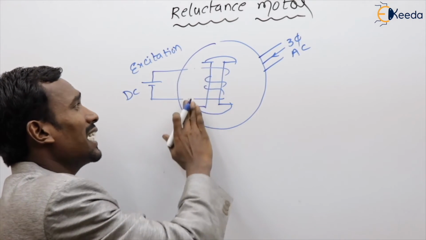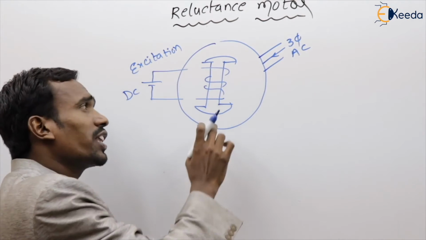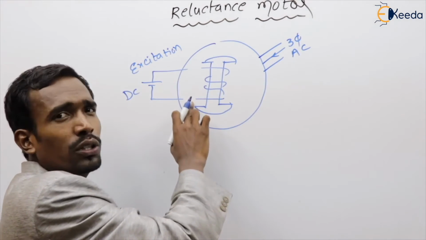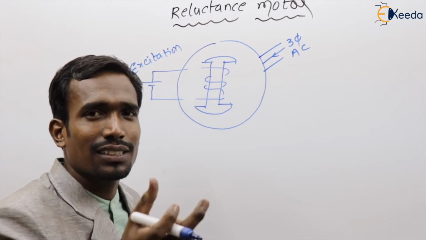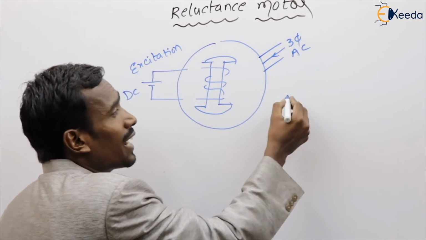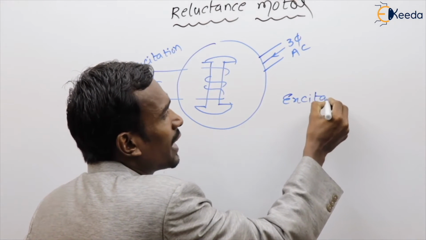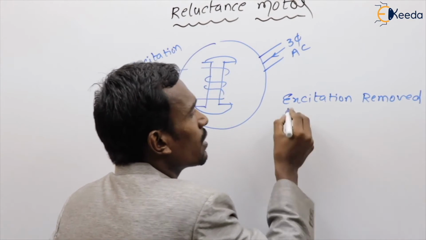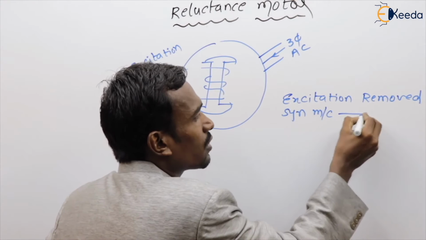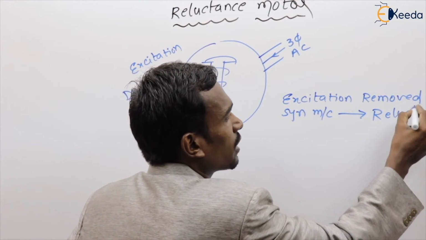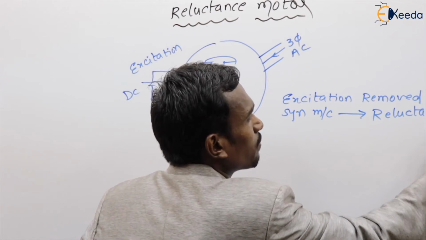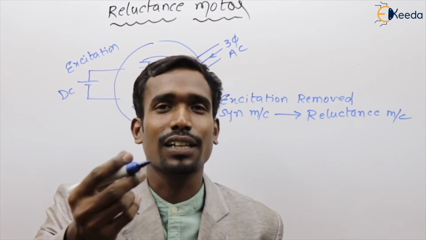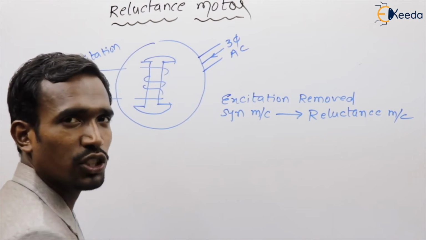If this excitation is removed, the machine works on reluctance power. The synchronous machine with excitation removed is called a reluctance machine.